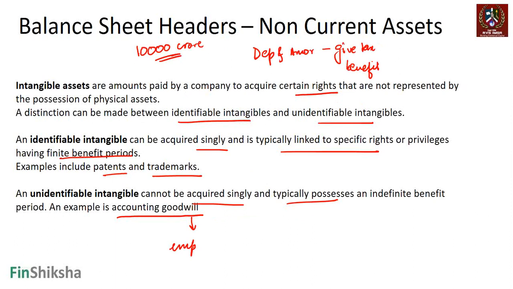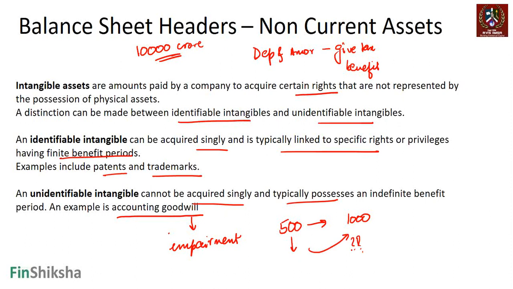Goodwill is tested for what is called impairment. Basically, every year you have to check whether this goodwill is intact, which means if there was an asset worth 500 for which you paid 1000, every year you have to check if you sell this asset, will it sell for 1000?